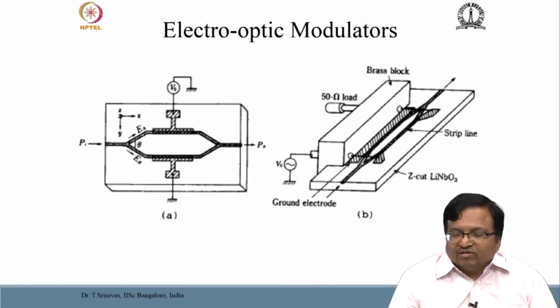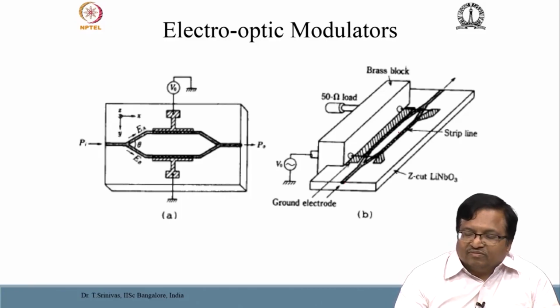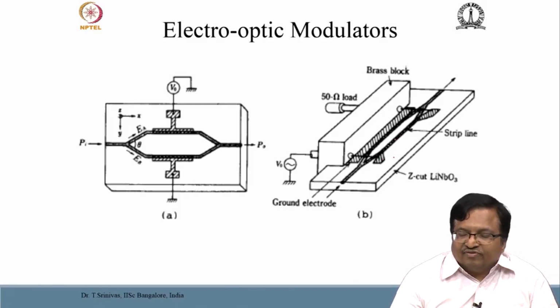In the microwave terminology you call them coplanar waveguides, and a microwave signal is distributed across them, and there is a variable voltage that varies along the length of the waveguides also exists, and the light that is propagating below these microwave waveguides is affected by the microwave that is impressed upon the electrodes. So, this is a good example of high speed operation.